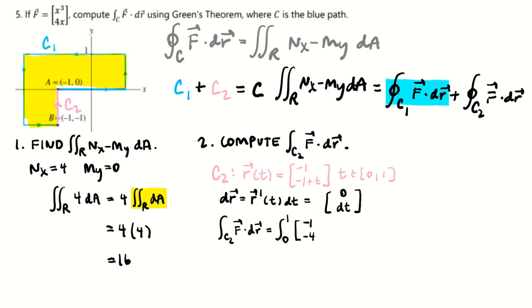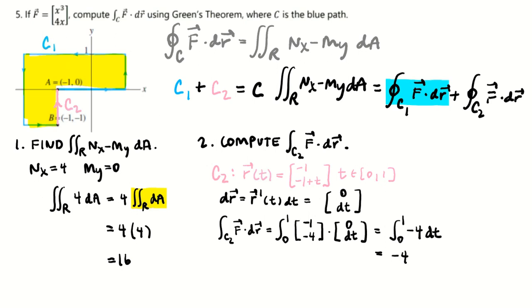And then 4x is -4, dotted with dr, which is 0 and dt. So that's going to be the integral from 0 to 1 of -4 dt, and that's going to be equal to -4.